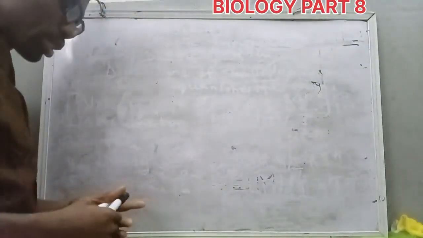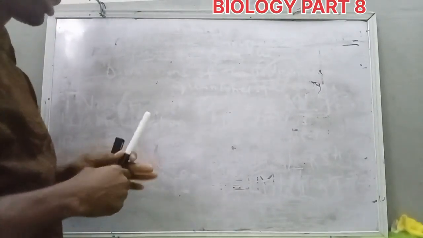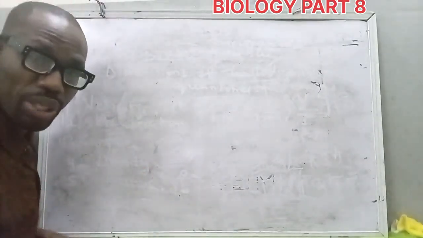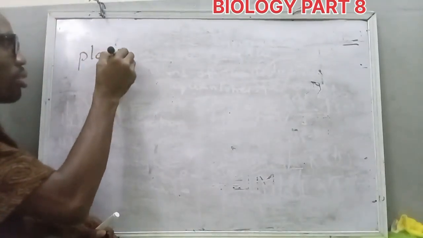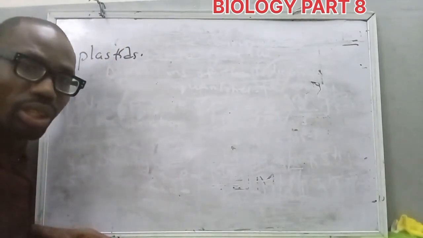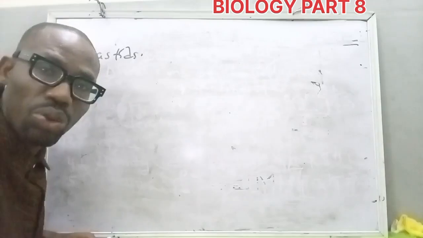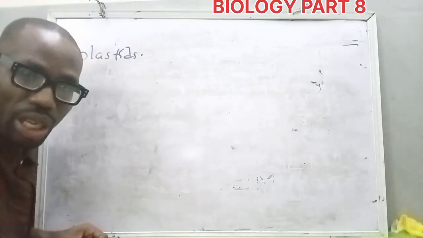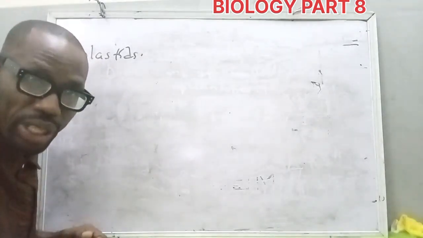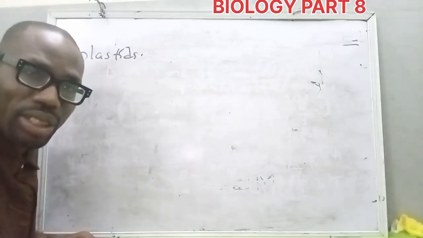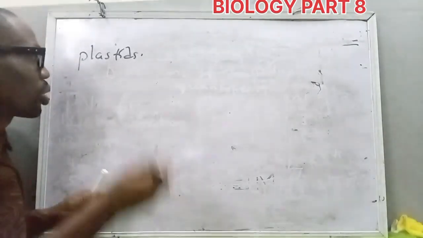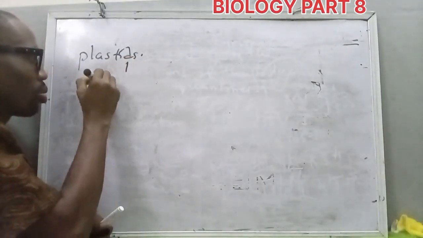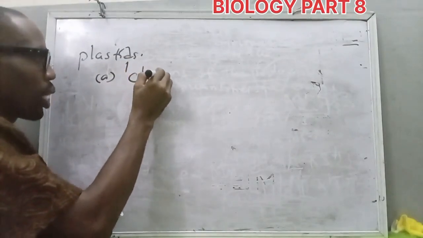So when we look at the plastids, it is one of the cell components. The plastids are spherical organelles found in the cytoplasm of a cell, and these plastids, they are grouped into three. One, we have what we call chromoplast.